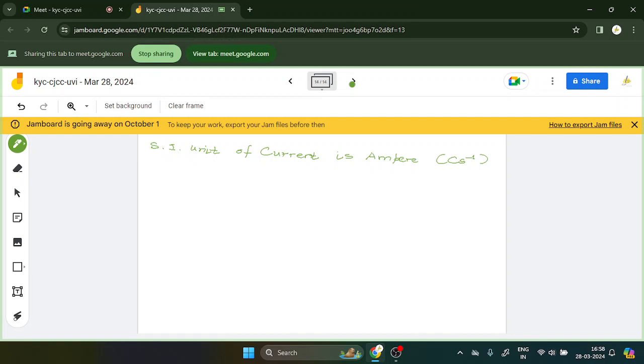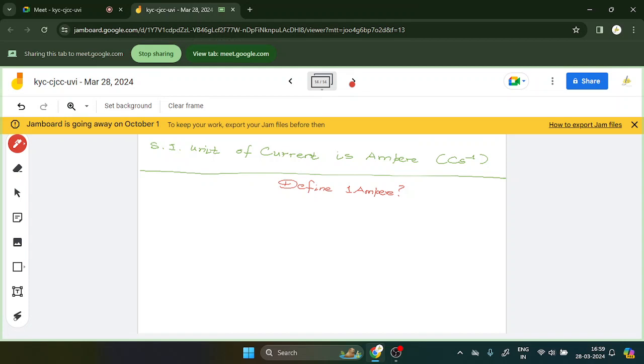Now, if someone asks you to define 1 ampere, how are you going to define it? Can you tell me? Try to do that. 1 ampere is 1 coulomb per second.